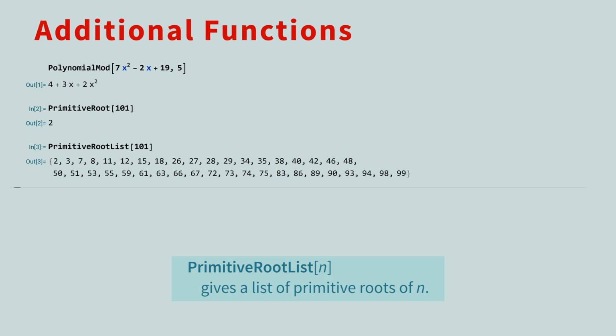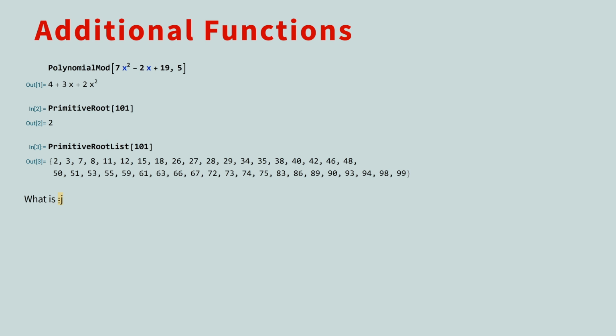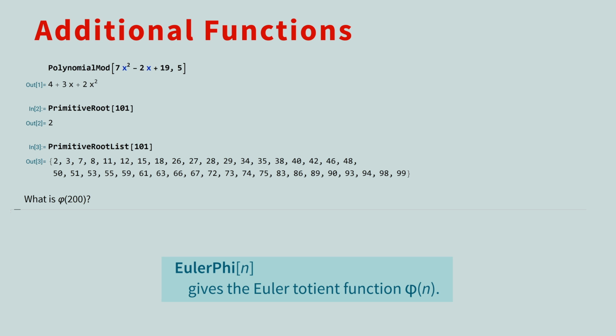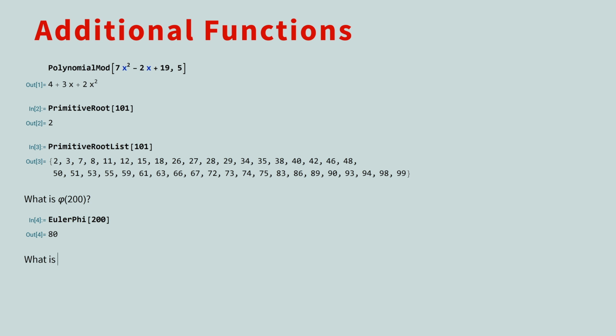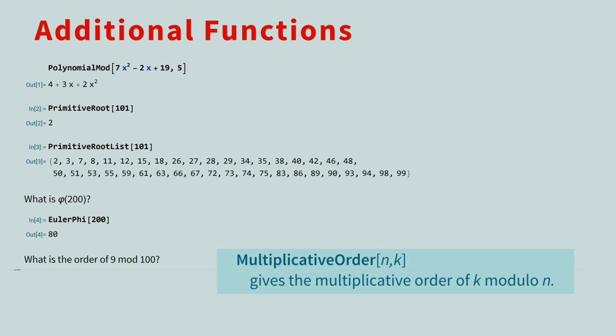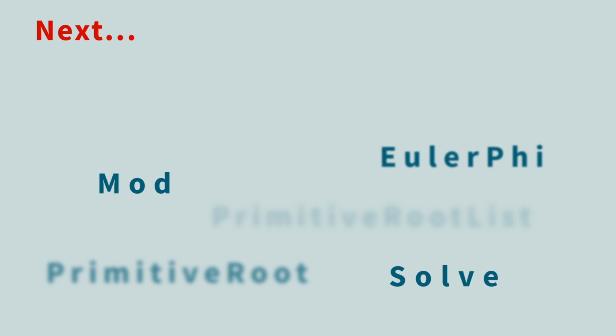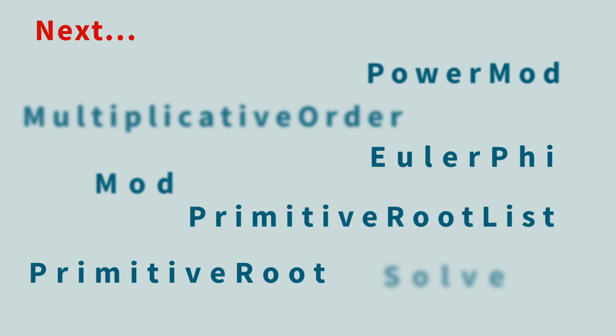When working mod n, you'll also make frequent use of Euler's totient function. This is built into Mathematica and is called EulerPhi. You can even compute the order of an element mod n with the MultiplicativeOrder function. These functions will get you well on your way to using Mathematica for modular arithmetic.